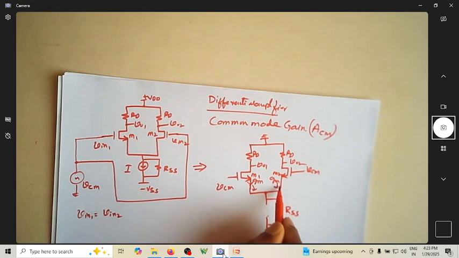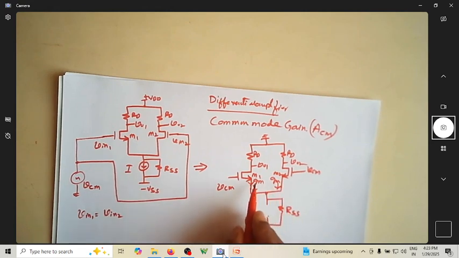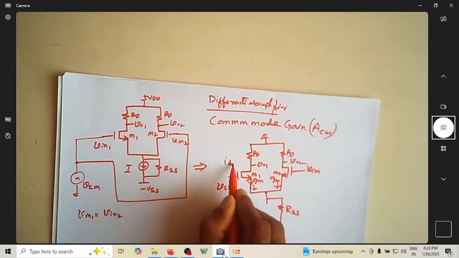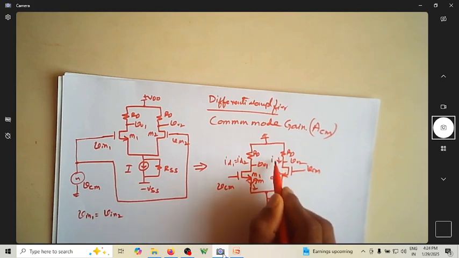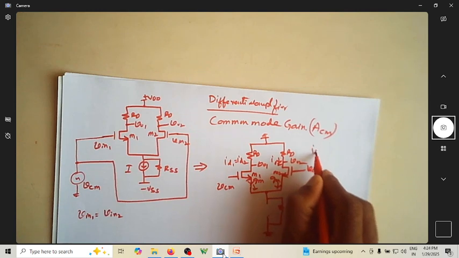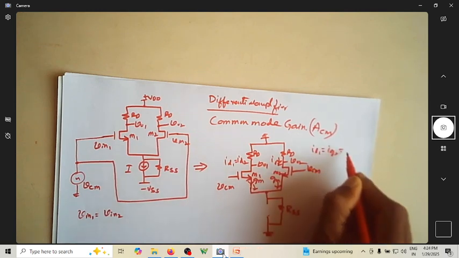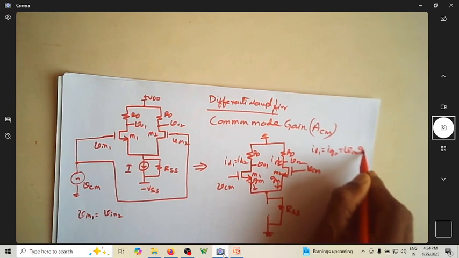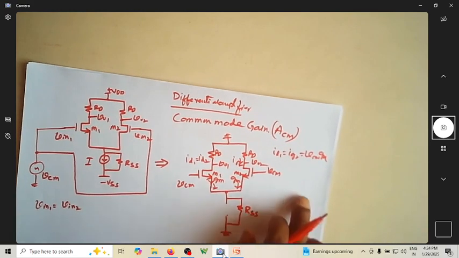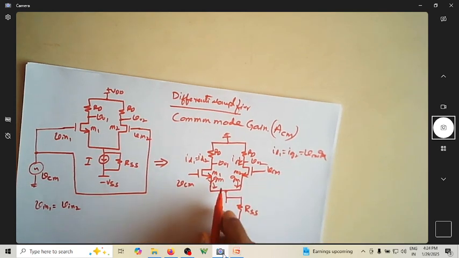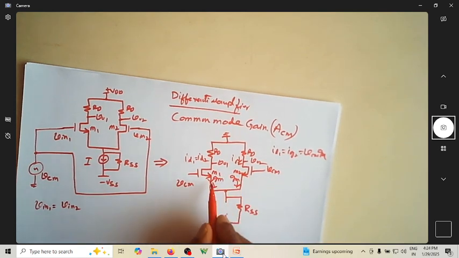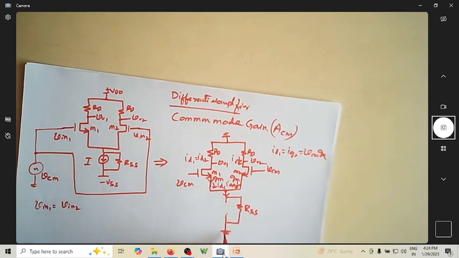ID1 is equal to ID2, which is equal to VCM into gm. So transconductance times the input voltage is the current. Both the currents are flowing in the same direction, ID1 and ID2, so both of them come here, and then they have to pass through this RSS to go to ground.